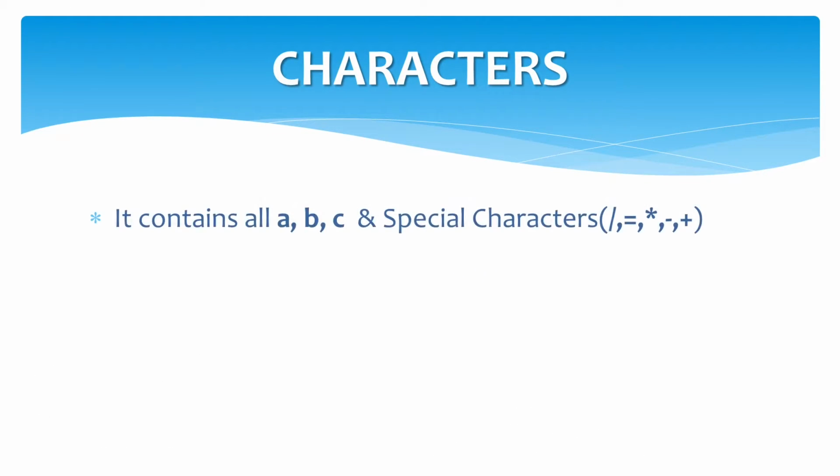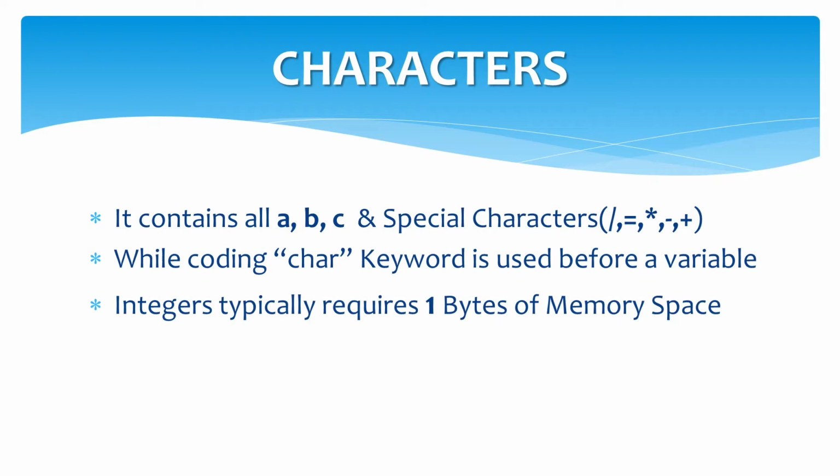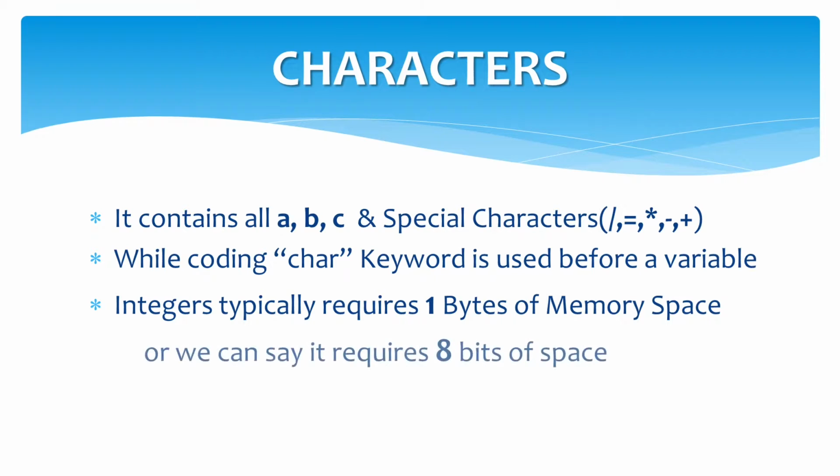Now characters. They contain all A, B, C, D and special characters like slash, equals, star, minus, plus, everything. While coding, the char keyword is used before a variable. Characters typically require 1 byte of memory space, or we can say it requires 8 bits of space.